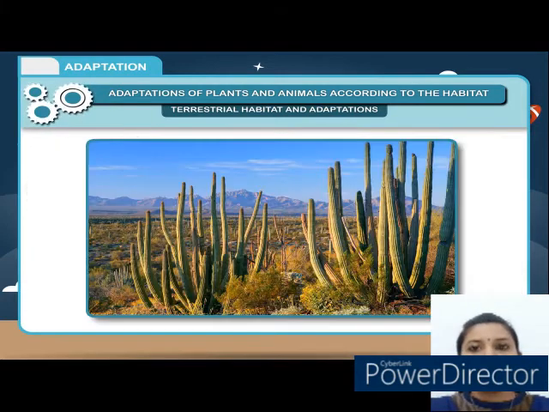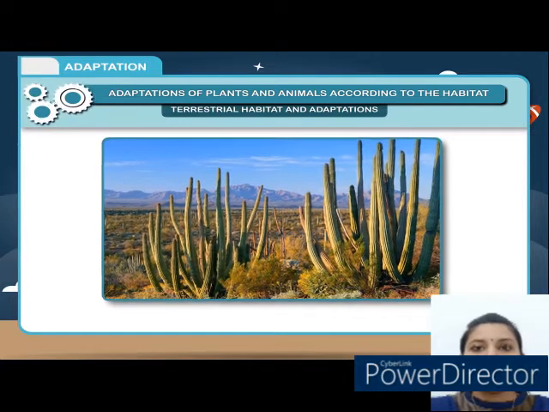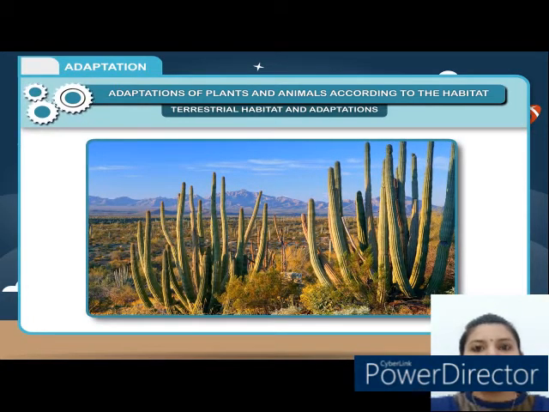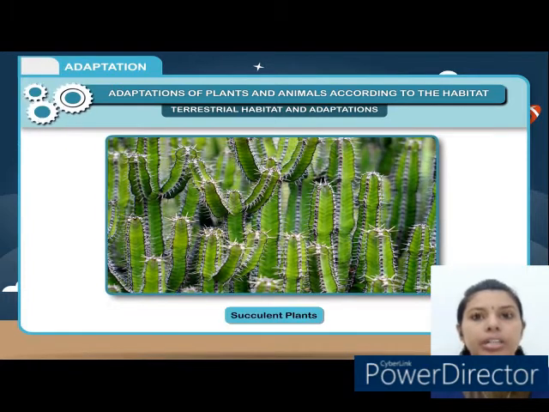Plants of deserts are also called xerophytes. Most plants have long roots that penetrate deep inside the soil in search of water. Many plants such as cacti have a fleshy stem to store water. The stem is also covered with a thick waxy layer that helps retain water.